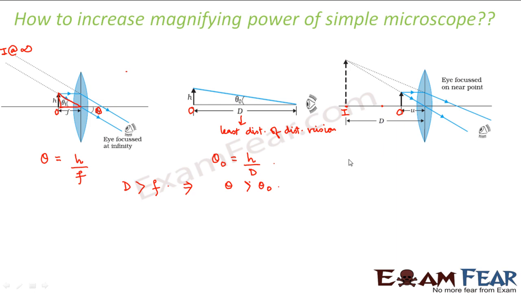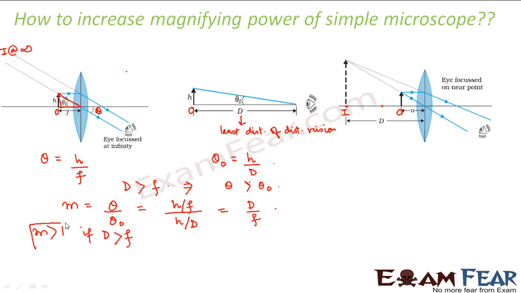So the magnification is nothing but theta by theta naught. So this is h by f divided by h by D, which comes out to be D by f. So the magnification is greater than 1 if D is greater than f.